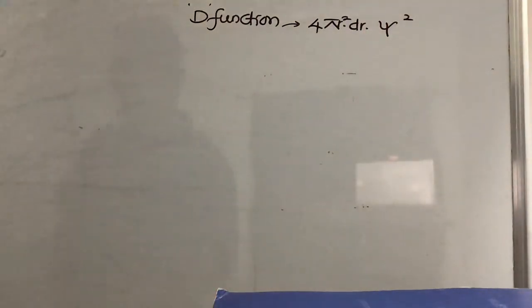It is actually the probability of finding electron at a distance r around the nucleus, that is given by 4 pi r square dr psi square. This is radial distribution function, you can call.